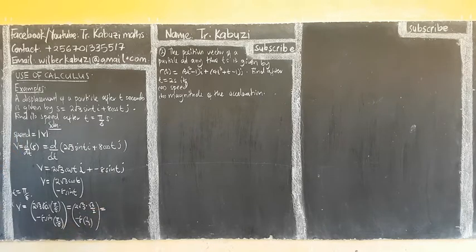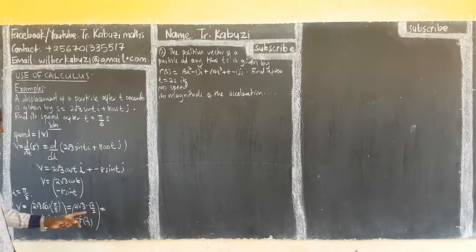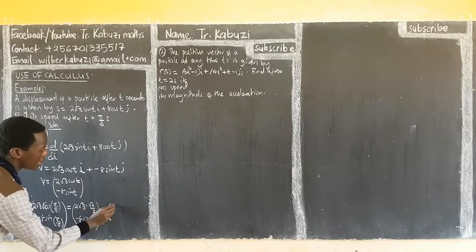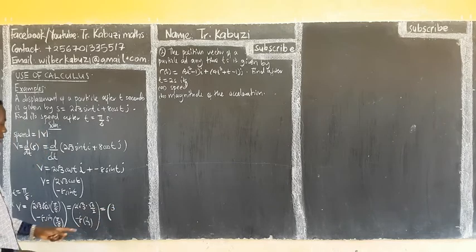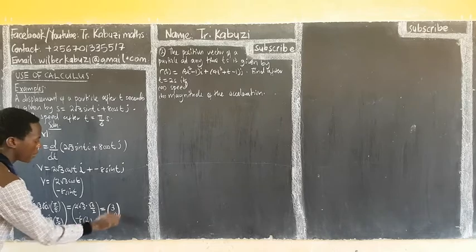So root 3 times root 3 gives us 3, so this will give us 3. Then this will give us negative 4. So that's our velocity.